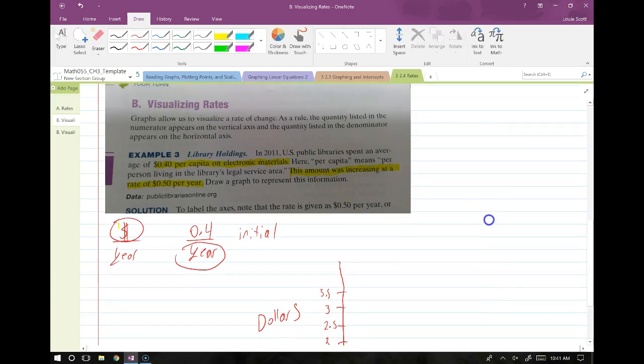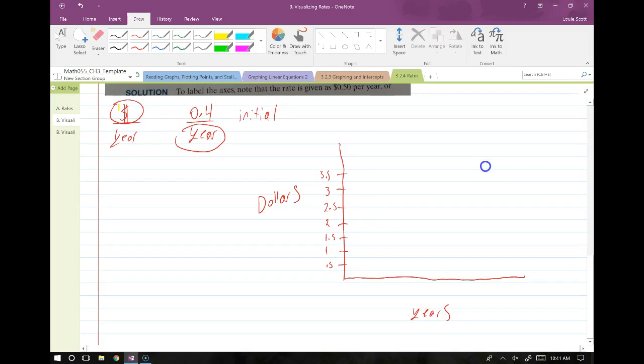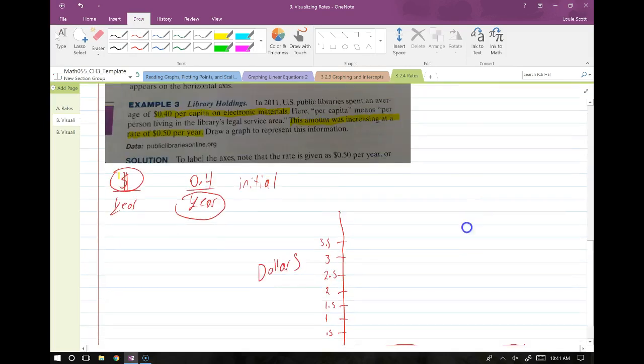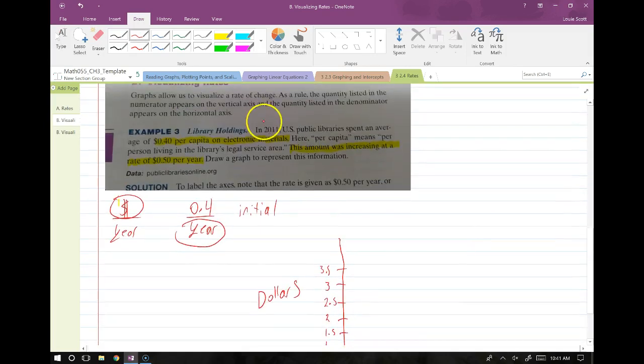So the years start in 2011. We could certainly choose to start our years at year 1, but with dates like this, it's easier to start at the actual year so that you can recognize it on the graph.